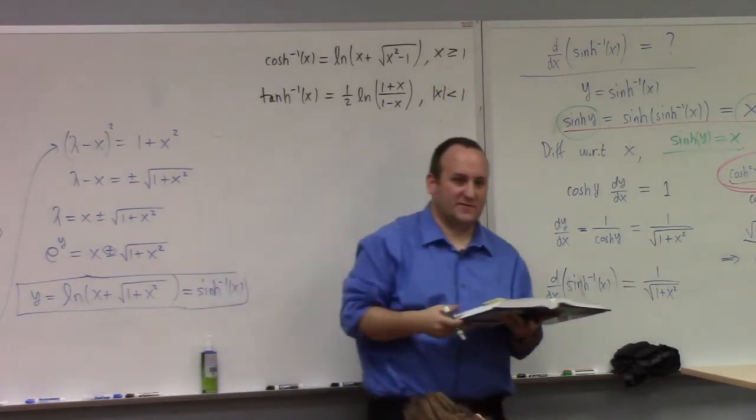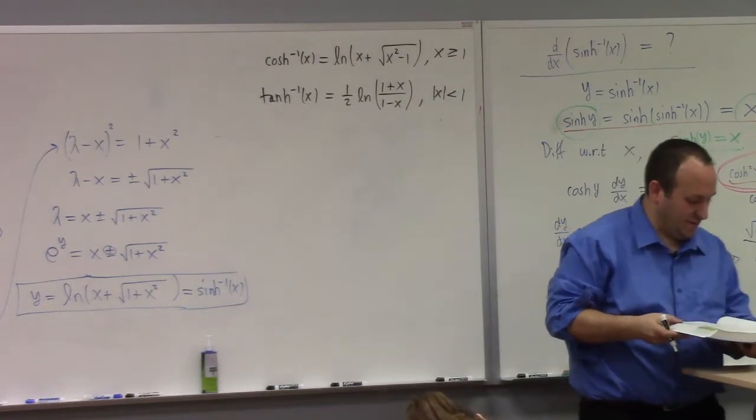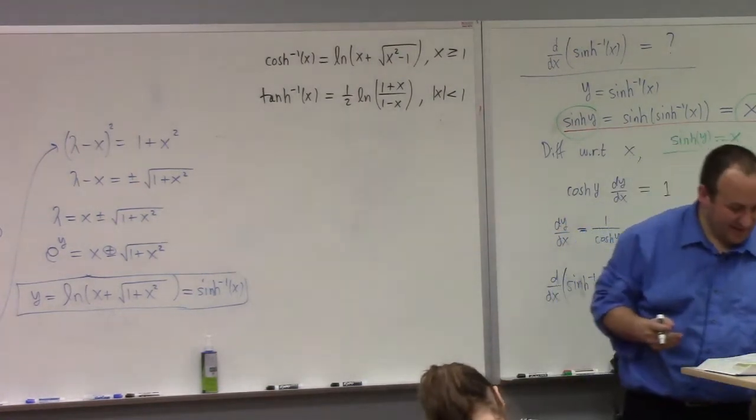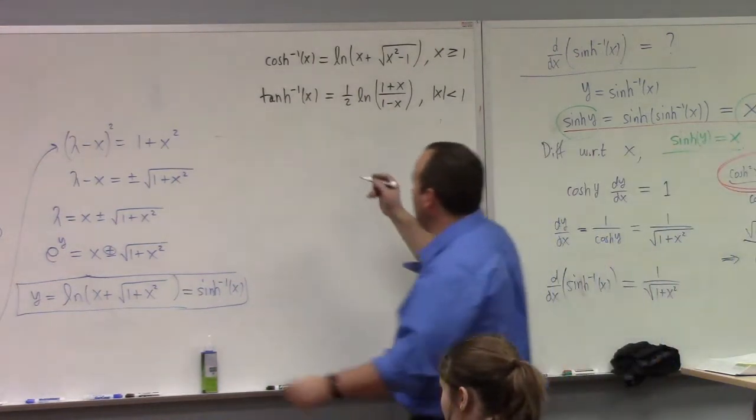There are also formulas for inverse hyperbolic secant, inverse hyperbolic cosecant, and inverse hyperbolic cotangent.